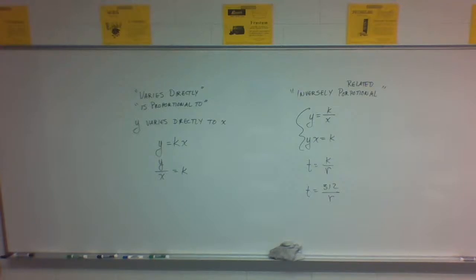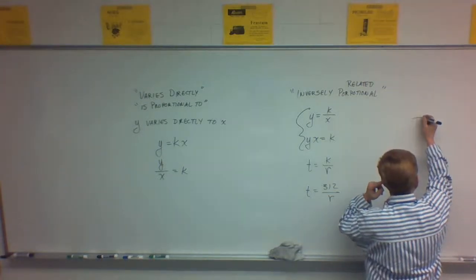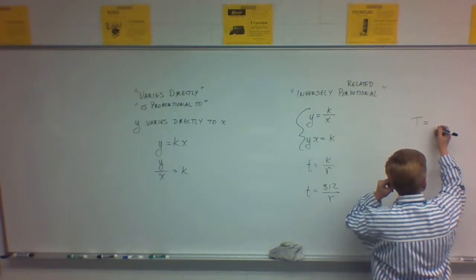If there's no word like inverse, it defaults to direct. It may not say direct, but it just says varies. That's a direct. Varies by itself is the default direct. So the period varies as the square root of the pendulum's length, L. That's the length of the string. Let's translate that sentence. That's the most important part. The time that it takes, they're calling that capital T. Varies means varies directly.